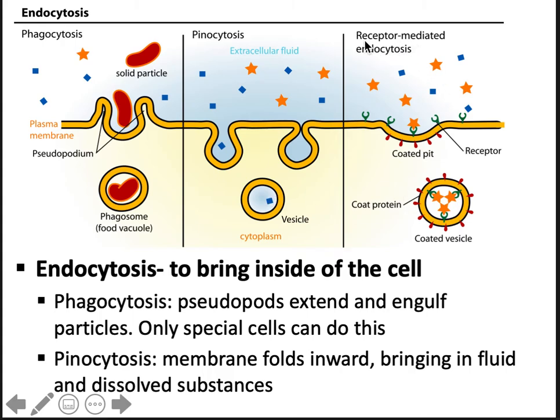Then we have a little bit more fancy process, which is similar to pinocytosis but more specific. It's receptor-mediated endocytosis, where some substance in the outside world is able to specifically bind to receptors on the membrane, and that causes it to fold in upon itself and make a vesicle. And this vesicle is going to be coated because of those receptors in the membrane.